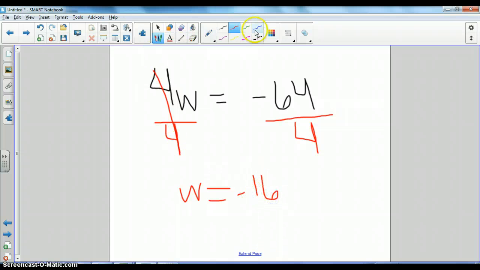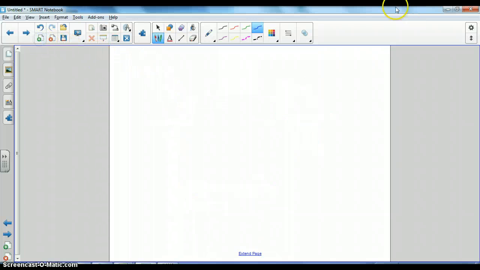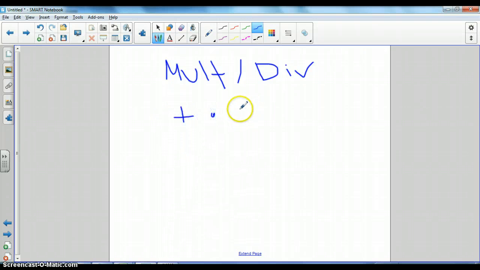Okay, one thing we didn't talk about, but we should probably mention, is signs. So these are for multiplication and division. If we multiply or divide a positive by a positive, we get a positive.